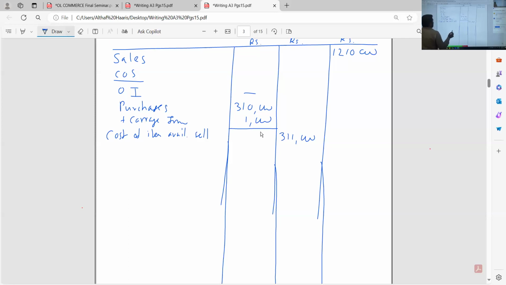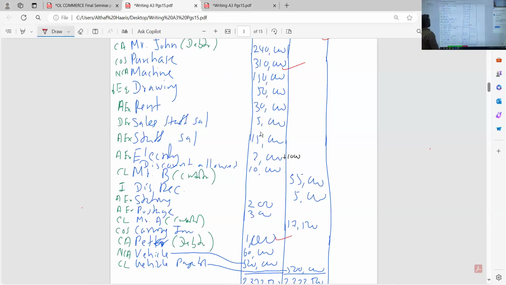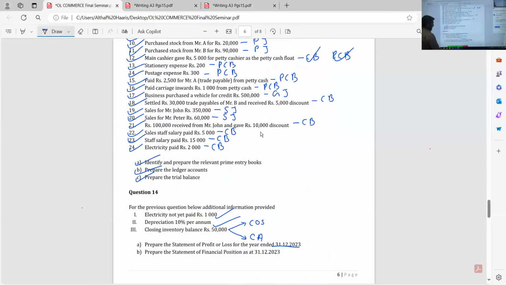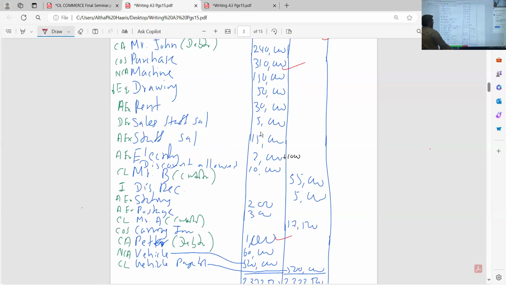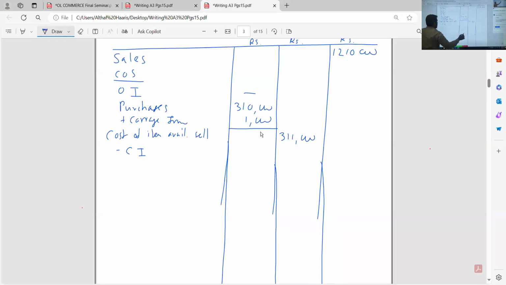From that, you have to deduct the closing inventory. So closing inventory, here I ask you to put 2 arrows. One arrow is done, 50,000. Sir, can we write those values?